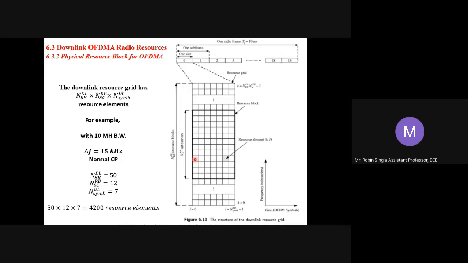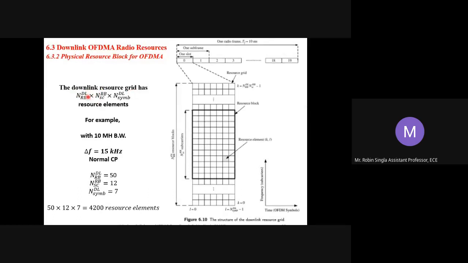How many resource elements would be there in one resource grid? It is equal to the total number of resource blocks times the total number of subcarriers times the total number of symbols. That is, the total number of resource blocks times the number of elements in one resource block.